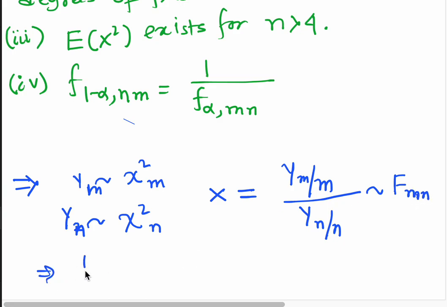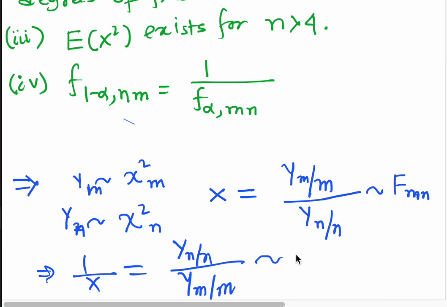Now 1 by x is nothing but yn by n over ym by m, so that means this should follow an F distribution with degrees of freedom n, m.